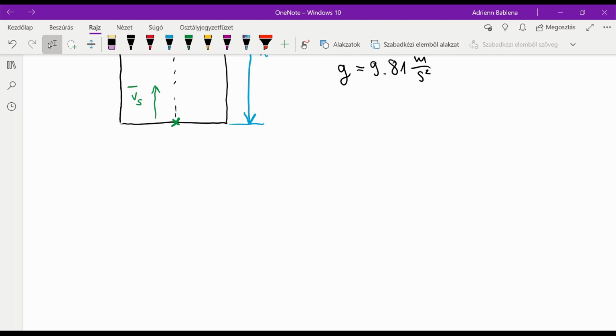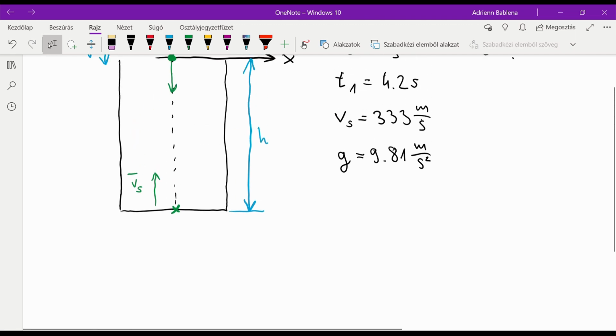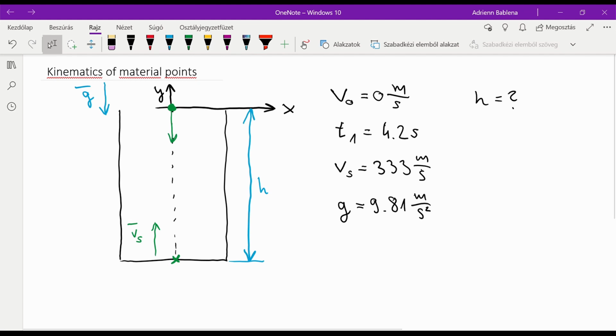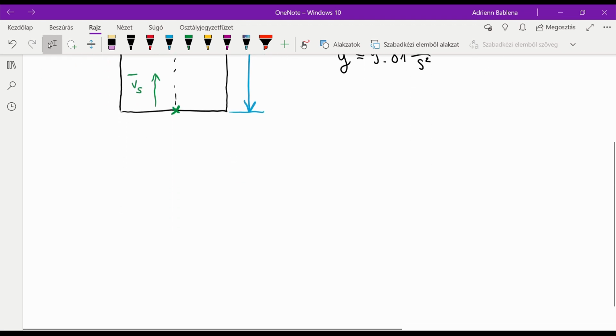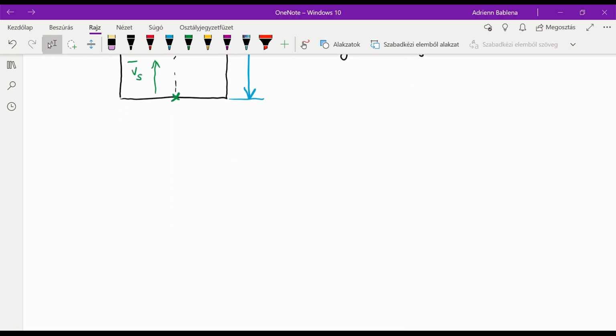What are our common equations? In this lesson, usually we use vector equations. So let's write our equations as a vector scalar equation, but write our equations as a vector.